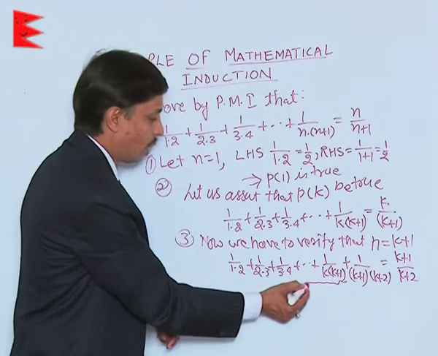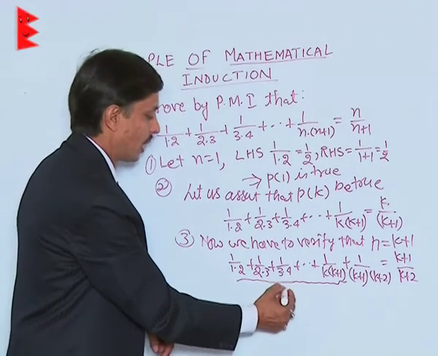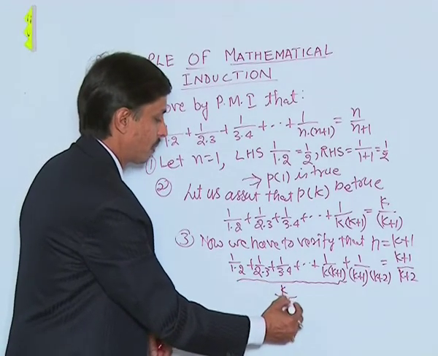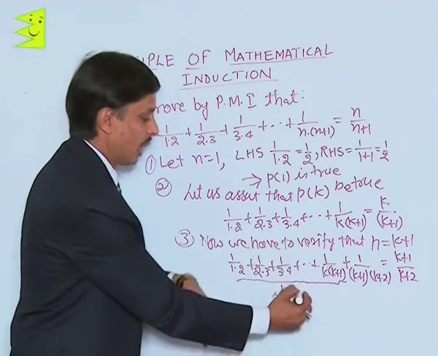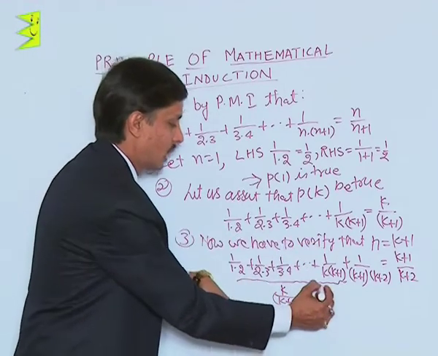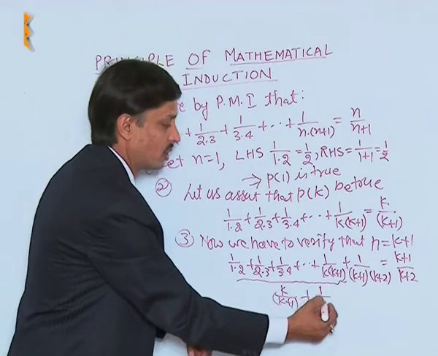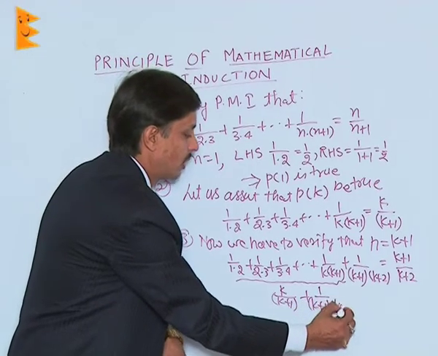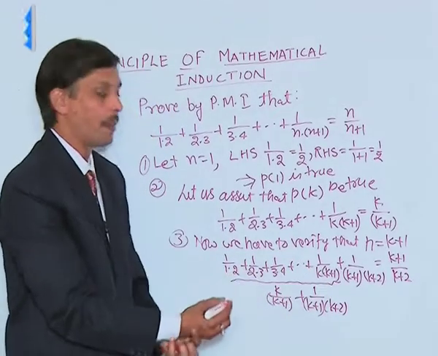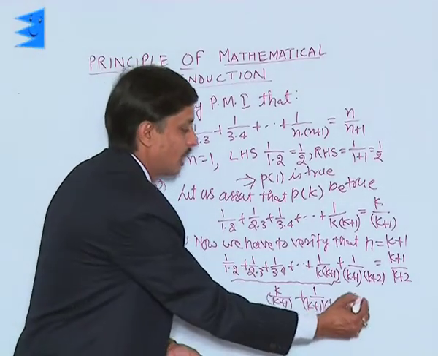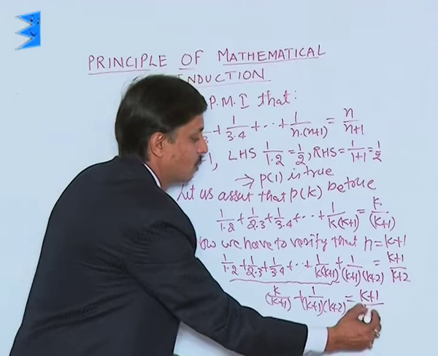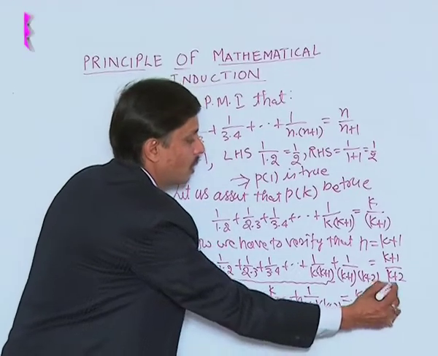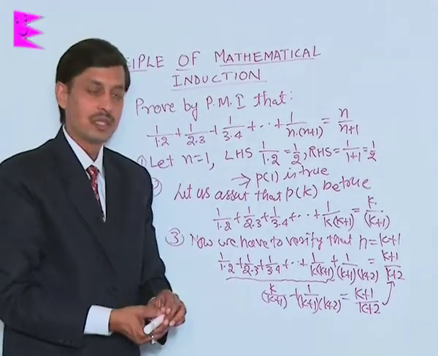So the value till this step we can write as k upon k plus 1, and plus the next step is 1 upon k plus 1 into k plus 2. If you simplify by taking the LCM, the answer comes as k plus 1 upon k plus 2, which is the required right hand side.